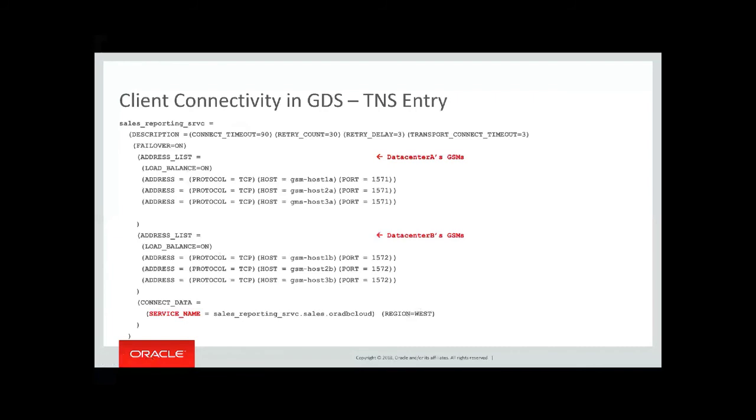You're telling GDS which region you're coming from with this clause. So bottom line, the TNS names is exactly what you've been used to, except for the listener endpoints, you would use GSM listeners instead of database listeners or your RAC SCAN listeners. That's from your client side.